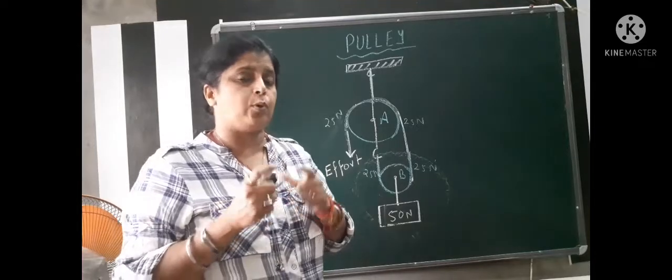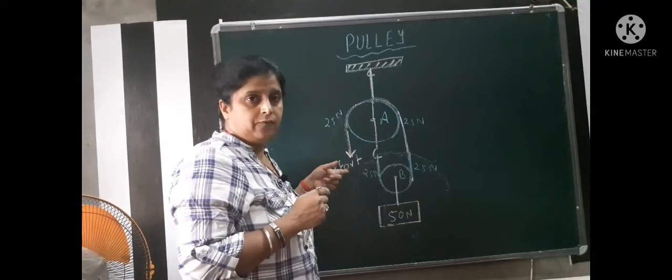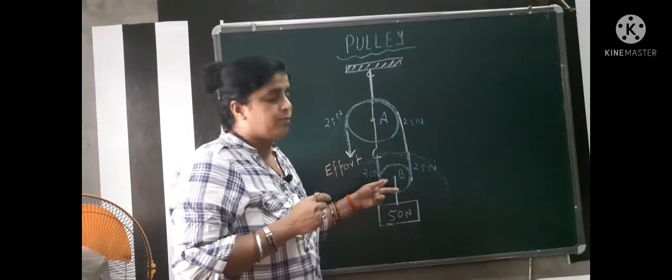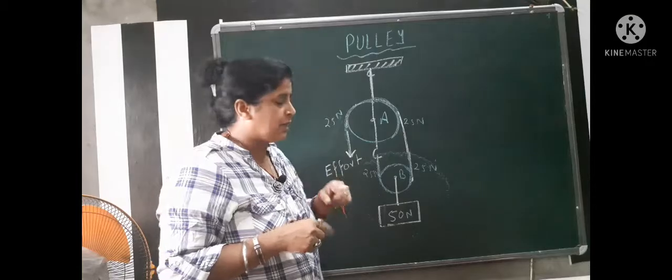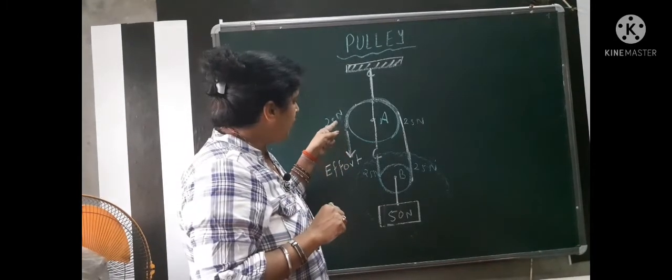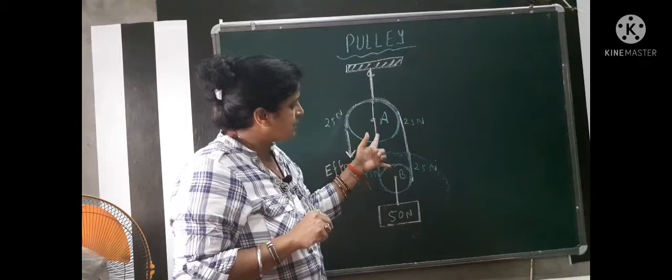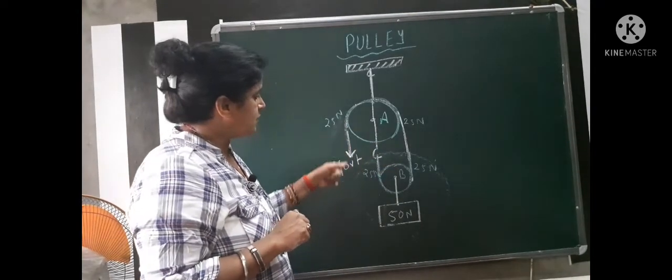Here one thing we have to keep in mind, children: as we are applying 25 Newton force in the downward direction and there is a combination of two pulleys and we are lifting 50 Newton, try to understand what I am telling you. 25 Newton force is applied, it means just half, because there are two pulleys in combination.